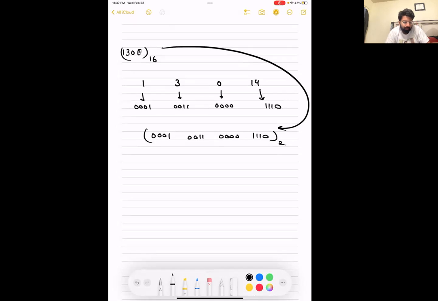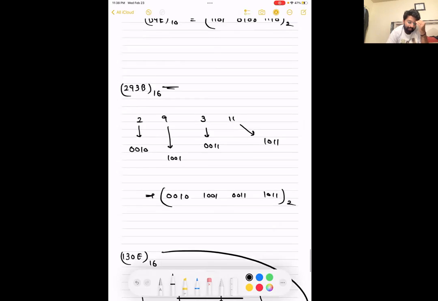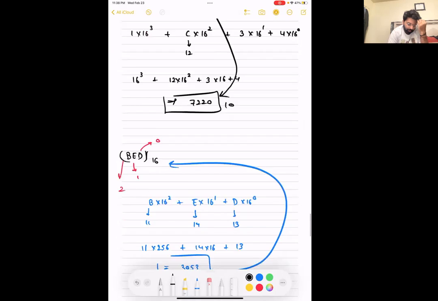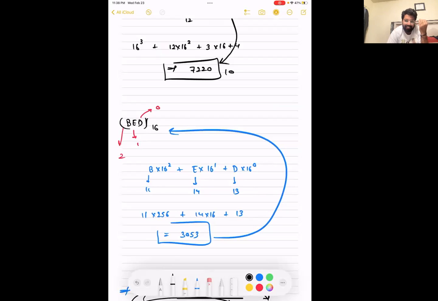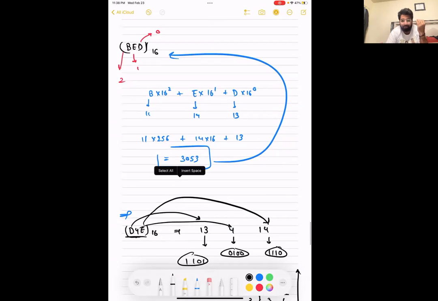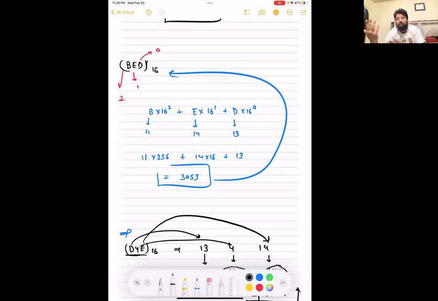Oh, actually, there's one last problem. It says, why do we use hexadecimal numbers? The reason is pretty simple. Look at these problems. We have BED that represents 3053. 3053 is a big number to express, but instead we can use BED in place of 3053.